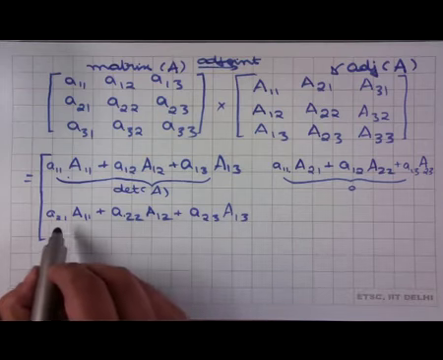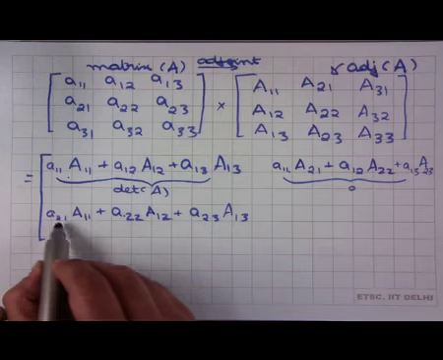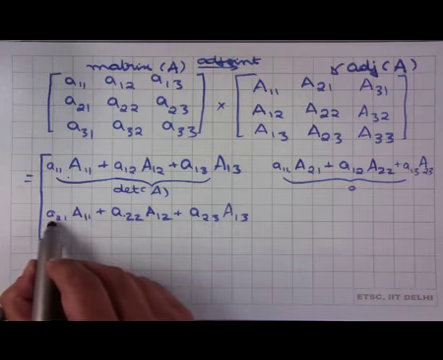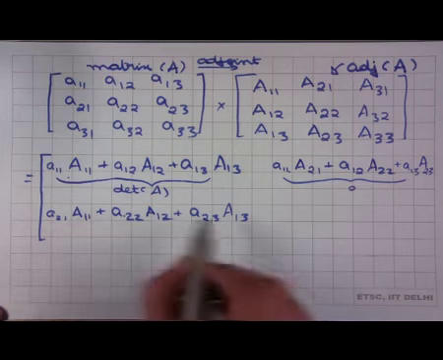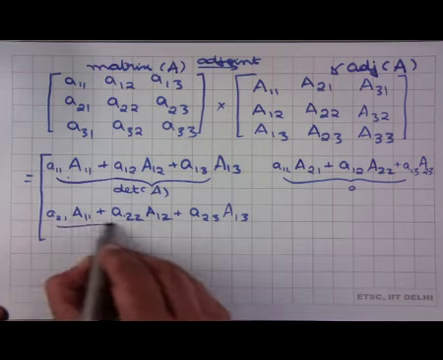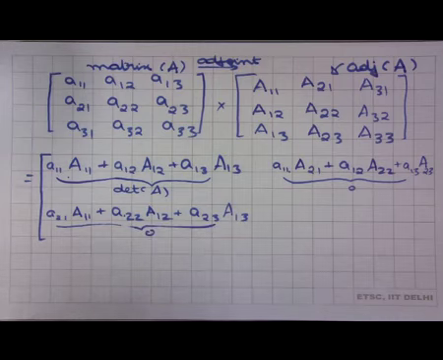So, if we look at this term, what is it going to be? This is the sum of product of elements of the second row with the cofactors of the first row. So, this will also, as per the property, evaluate to 0, right.